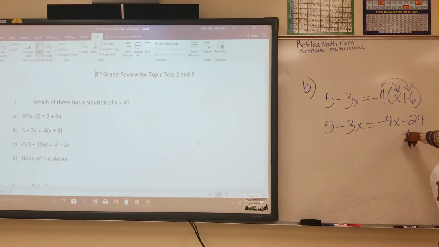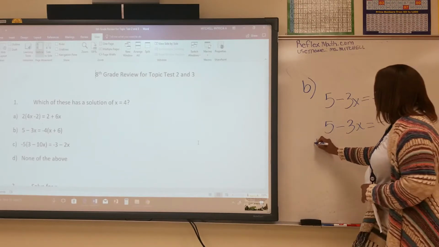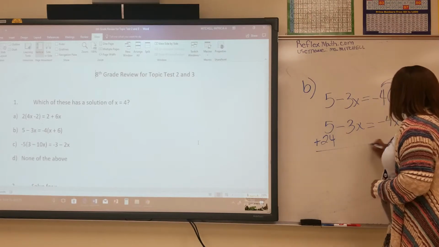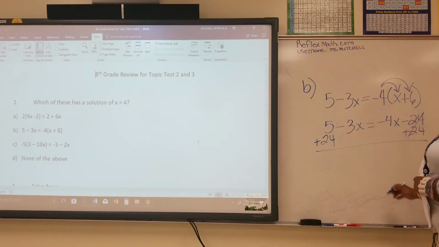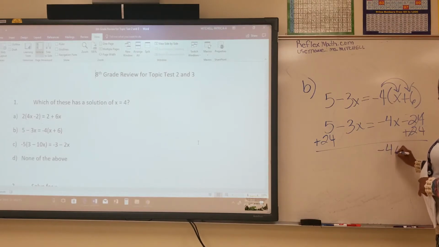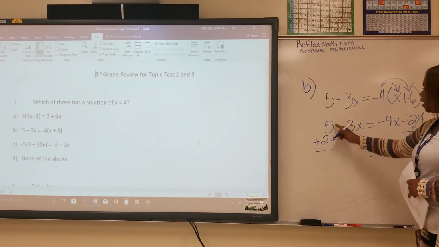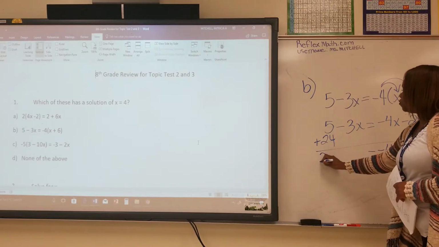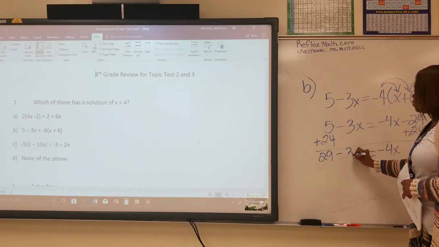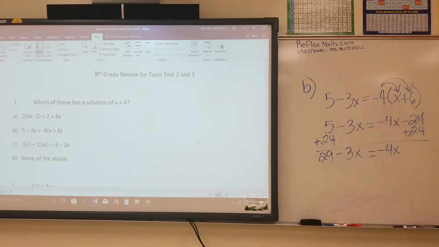We can take this negative 24 and combine it with the 5. We add 24 on both sides. These cancel out. We're left with negative 4x on this side. And 5 plus 24 gives us 29 minus 3x.